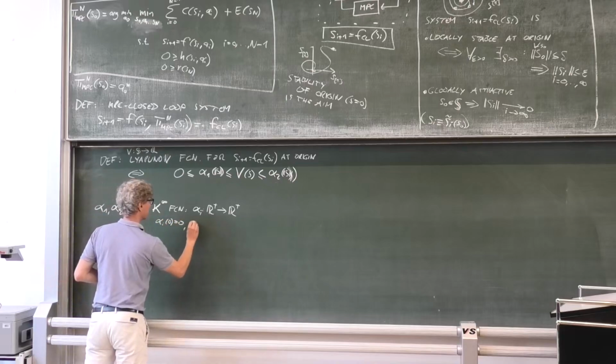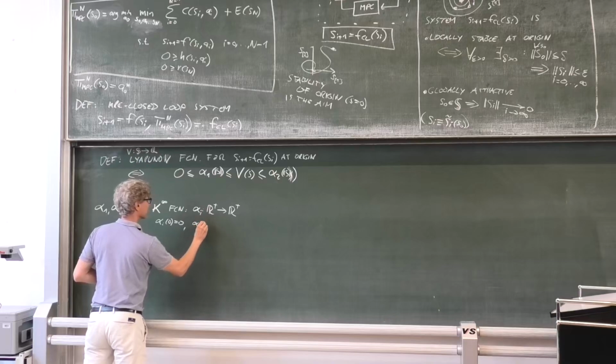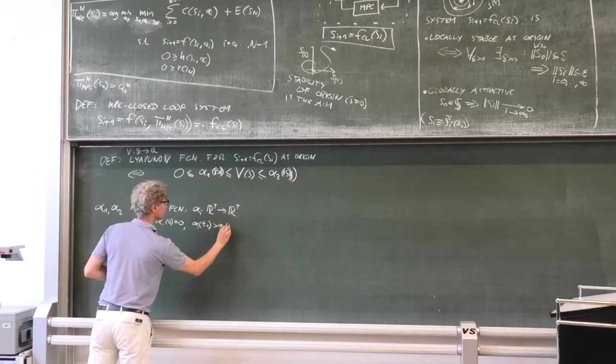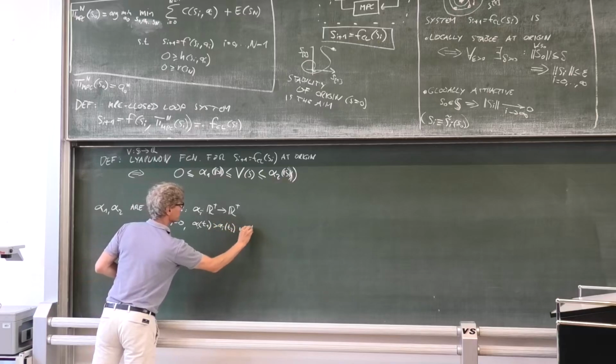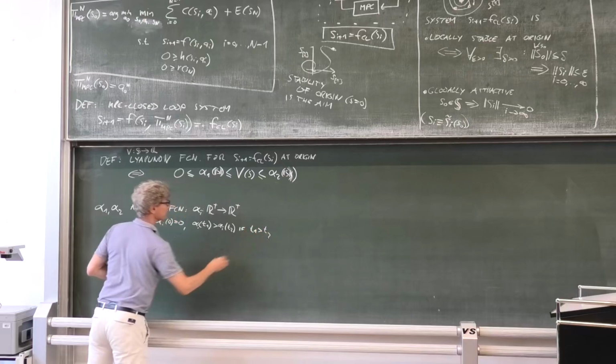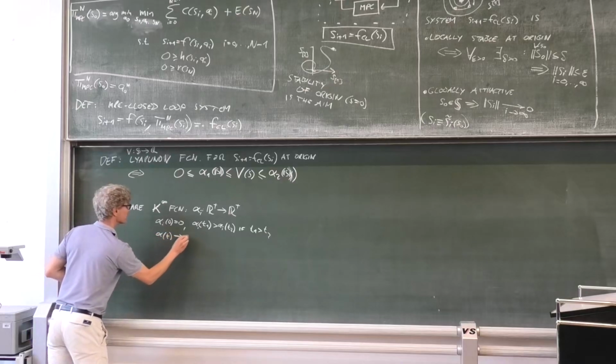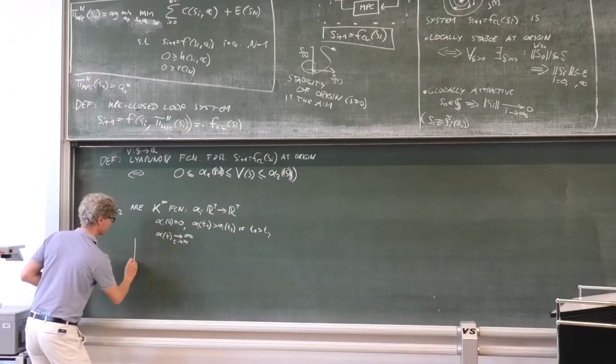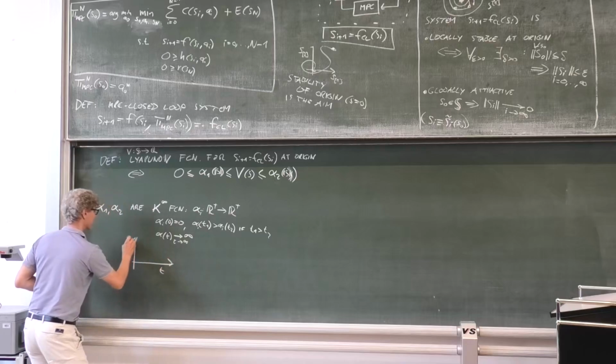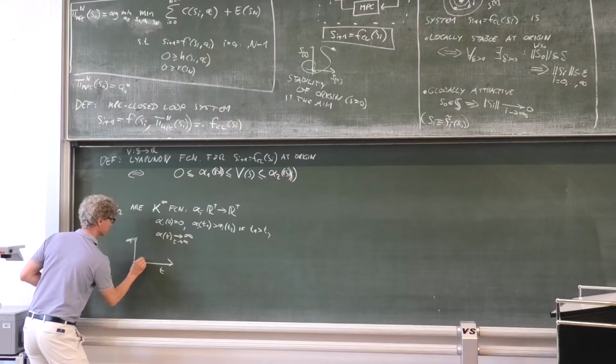And alpha_i of Z1 is bigger than alpha_i of Z2 if Z1 is bigger than Z2, so it's monotonously increasing. And it's also going to infinity, so alpha goes to infinity as its argument goes to infinity. The picture we should have in mind is a function that just goes up.